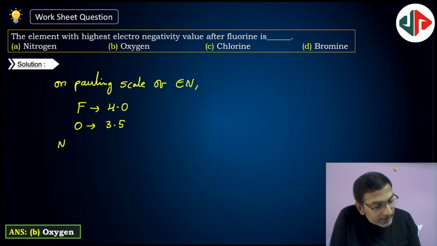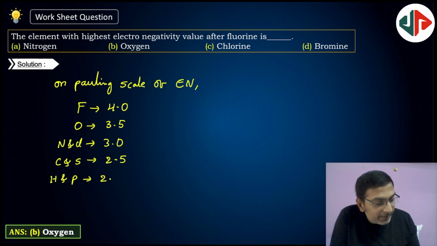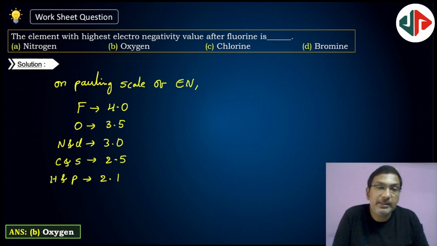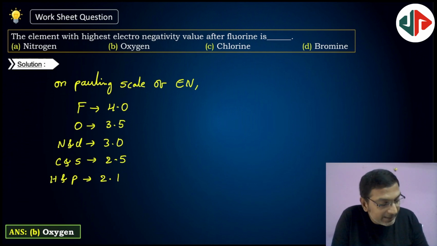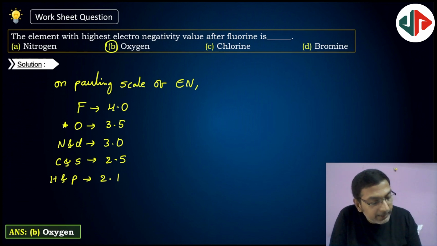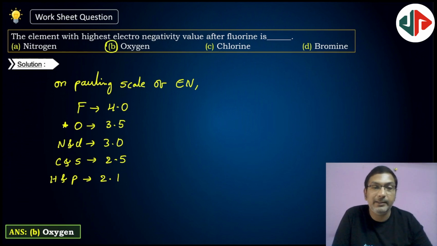Next, nitrogen and chlorine value 3. Next, carbon and sulfur 2.5. Hydrogen and phosphorus 2.1. Remember these values. So first highest fluorine. After that, second element is oxygen. That is B, 3.5 on Pauling scale. Next question.